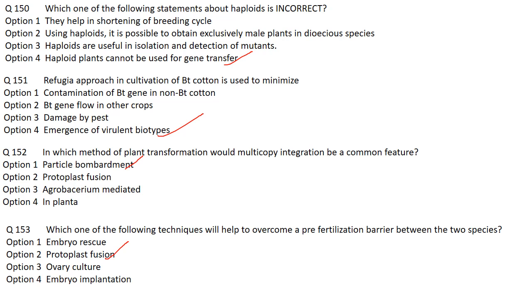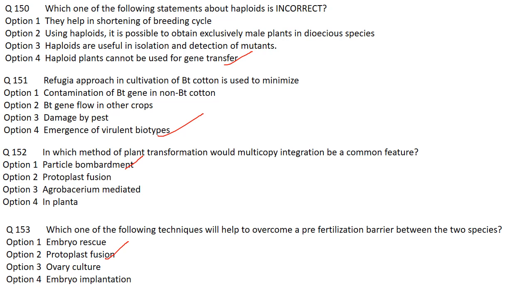Then refugia approach in cultivation of BT cotton is to minimize... So it has been observed that BT cotton is getting affected by bollworm, which is typical case of BT resistance. And the self-mated progenies of this resistant insect lead to further generation of resistant insect population.